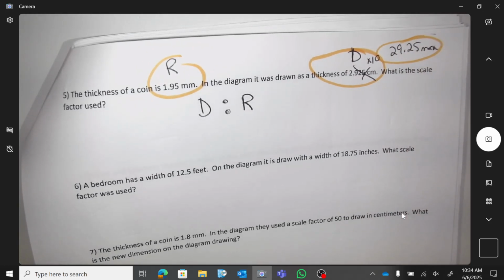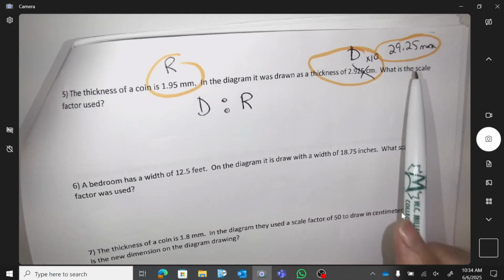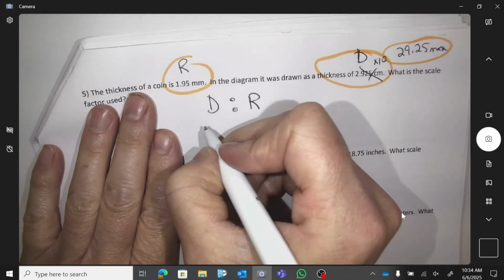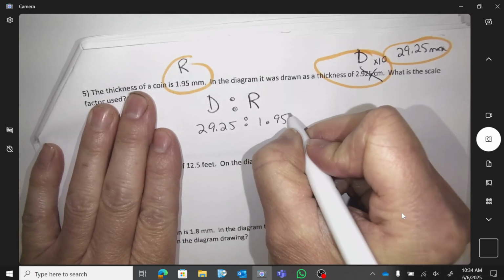Oh, I was looking at meters. Okay, so there we go. We have now changed to millimeters. So you told me that this was the diagram number, and then this is the real life number.